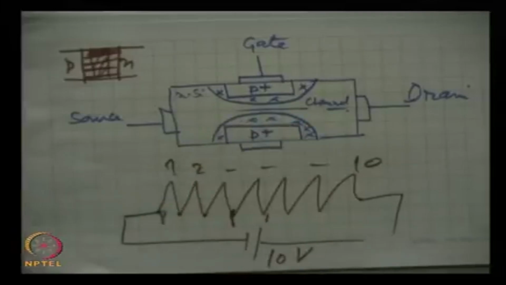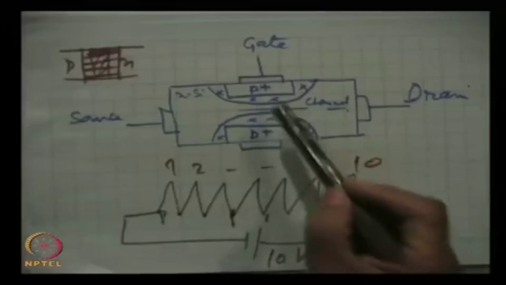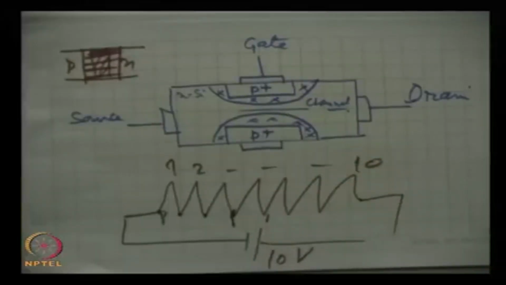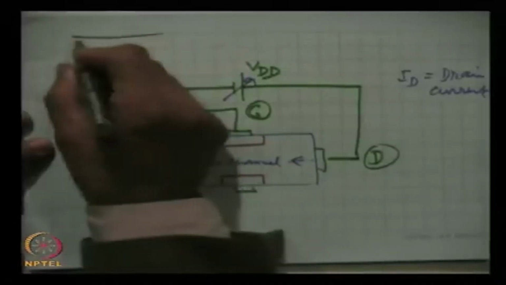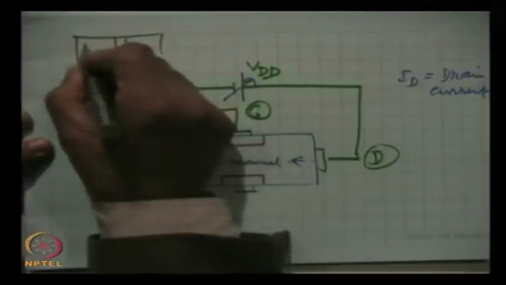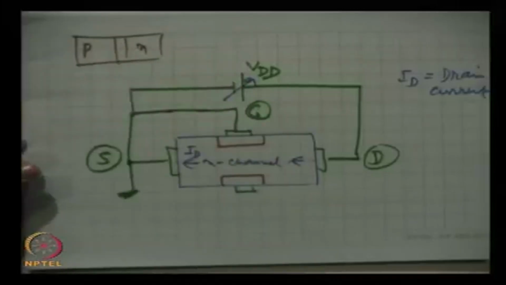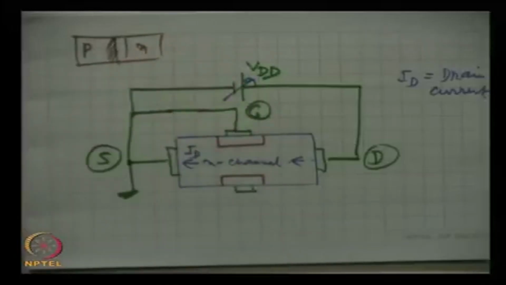Now, another important fact that I said is that these two regions are heavily doped P regions. I am sure you will recall it was said that if one region out of these two, P and N regions, this is P region, this is N region, if the P region is heavily doped, then the broadening will occur and the broadening will be spread much more in the less doped region.